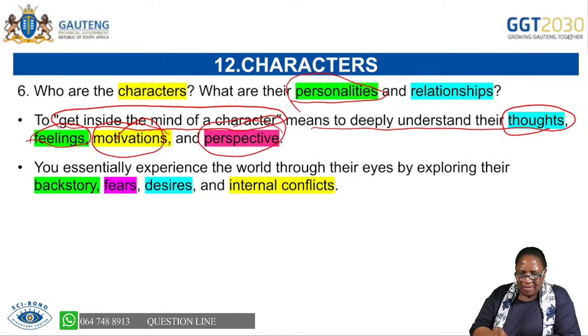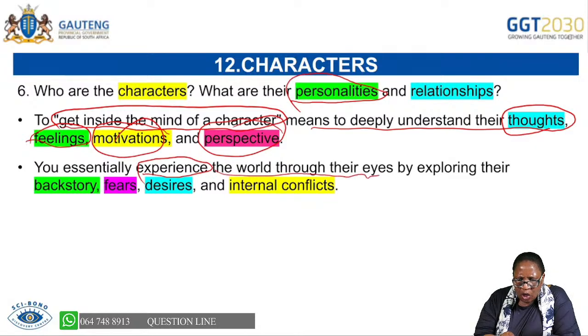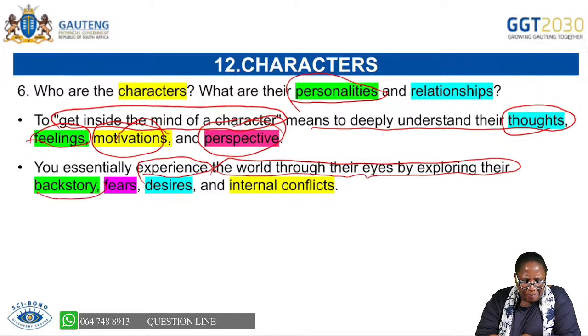Same as Mr. M and Isabel. We essentially want you to experience the world through their eyes by exploring what? Their backstory, their fears, their desires, and internal conflicts. Isn't it interesting? You have to dig.